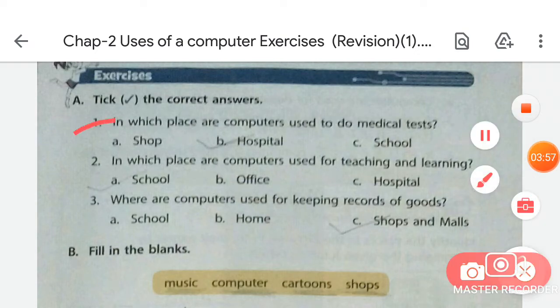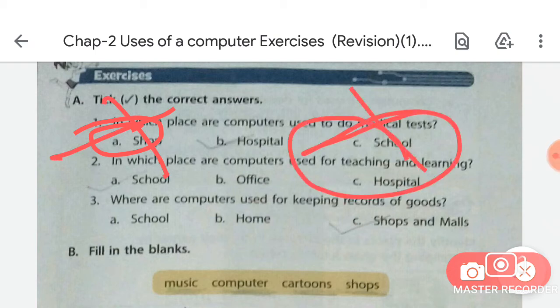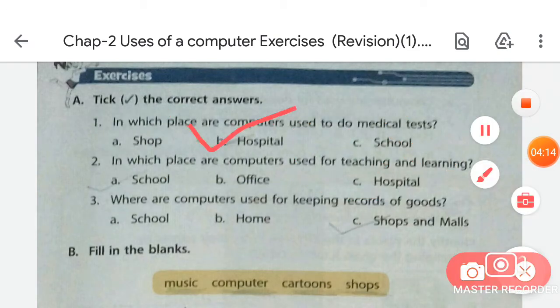Option A is shop, so this is wrong. Option C is school, it is also wrong because we do not do medical tests in schools. And option B is hospital, so hospital is the correct answer. You have to tick on the hospital.